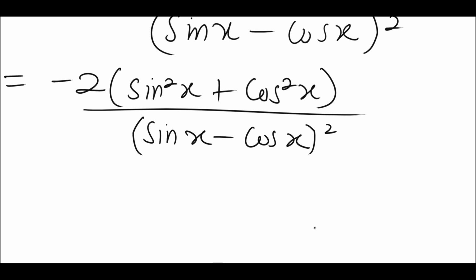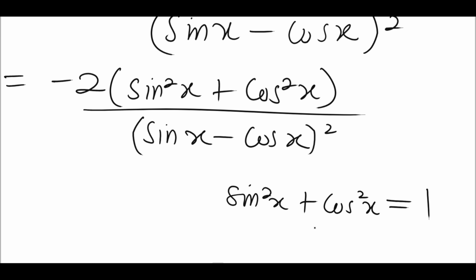Let us continue. Now we have an identity in trigonometry that anytime I have sin x squared plus cos x squared, the sum of the two ratios must be equal to 1. So sin x squared plus cos x squared must be equal to 1.